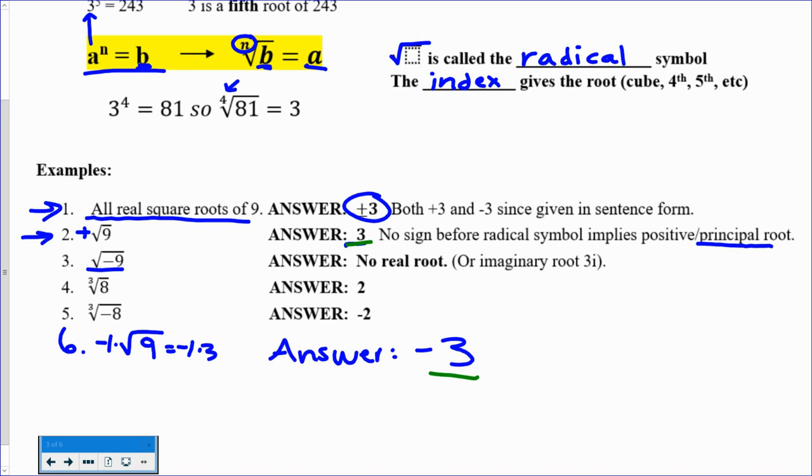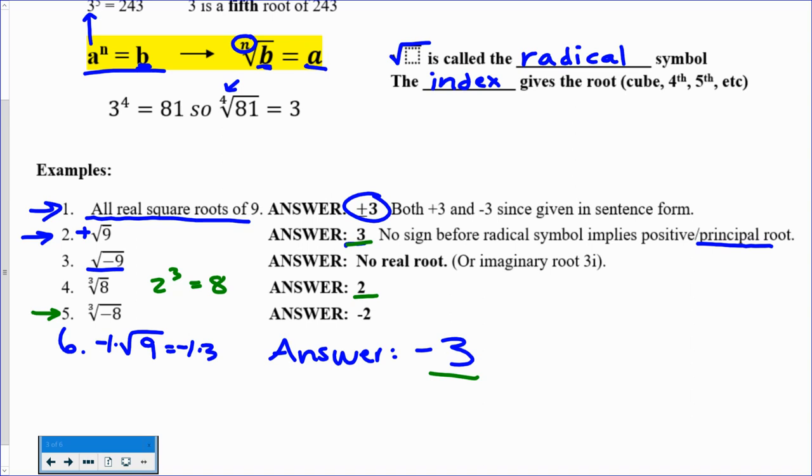And then if I have the cube root of 8, I'm looking for something times itself 3 times, or something to the third power that gives me 8, and 2 to the third power is 8. So the answer is 2. Something that's interesting now when I look at example 5, the cube root of negative 8 does have a real root.